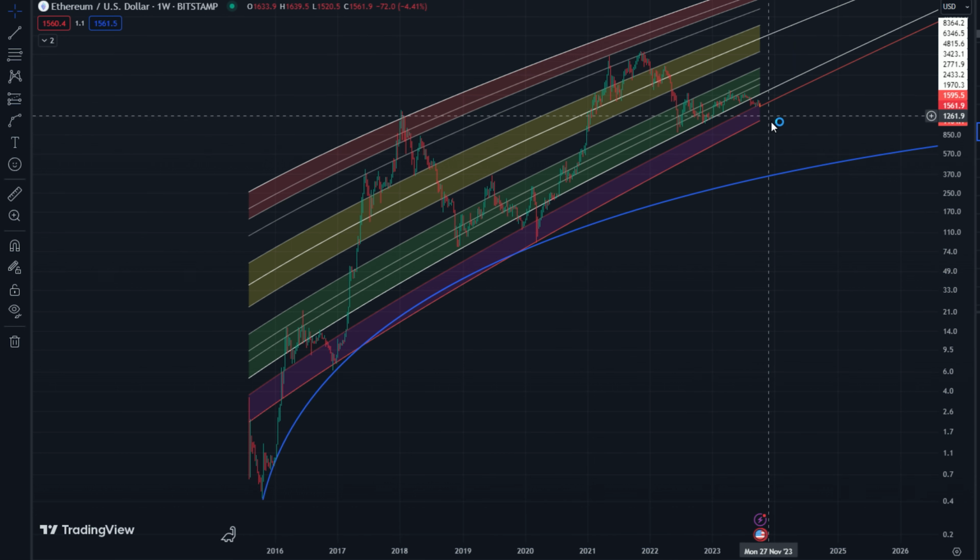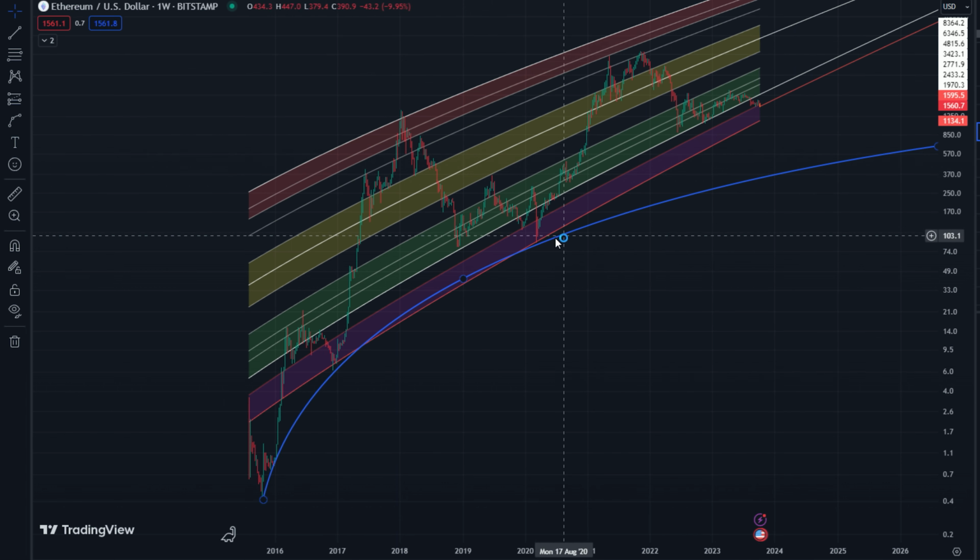Something like this, we could see, I mean, this is obviously a lot less accurate, but on this curve there's potential for Ethereum to come down to the 350 mark. I doubt this will happen. I don't think Ethereum will drop this low, but maybe it drops down to a 600 level. Again, that's not out of the range of possibility.